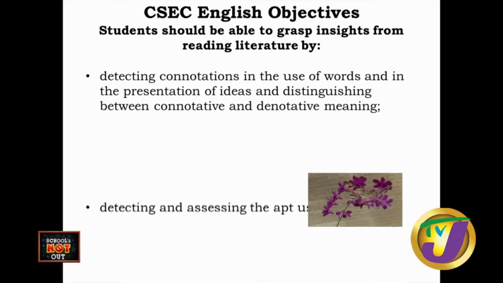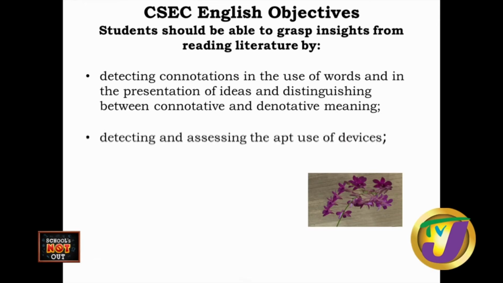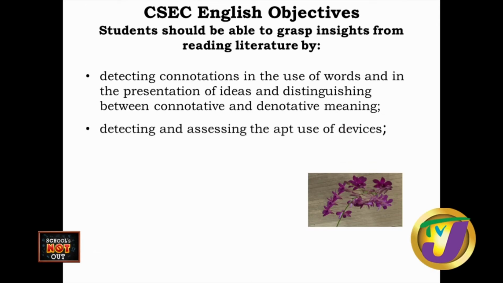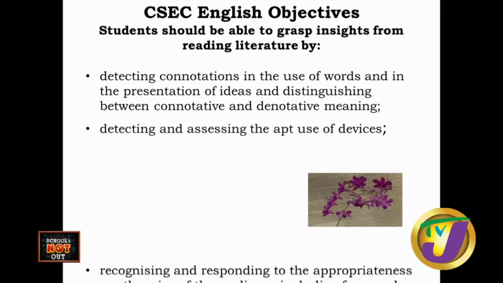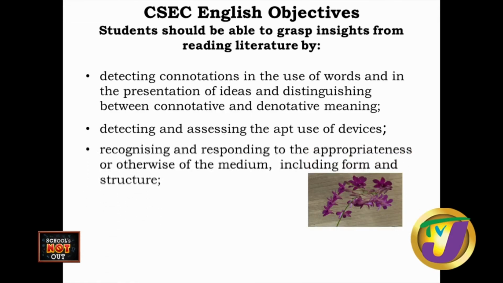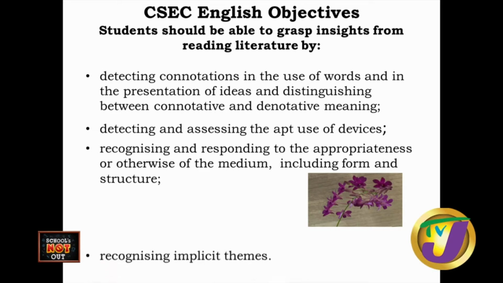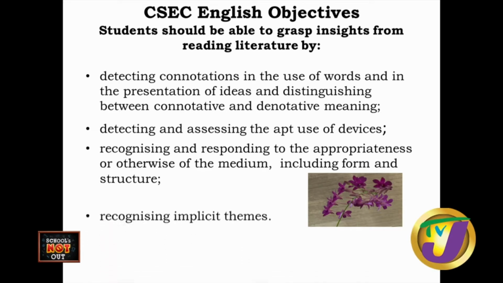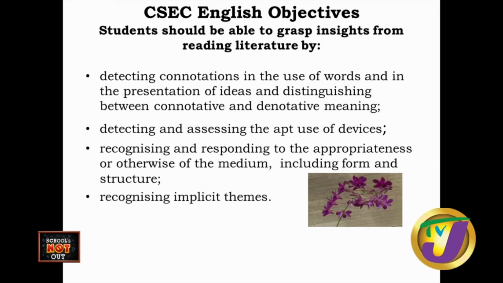They should be detecting and assessing the apt use of devices, and recognizing and responding to the appropriateness or otherwise of the medium, including form and structure. And the last one we're looking at in this class is recognizing implicit themes.